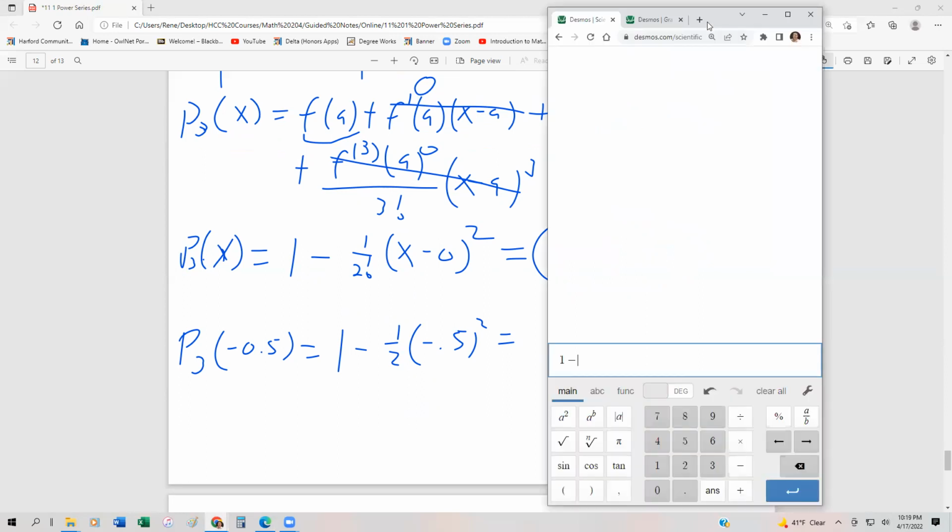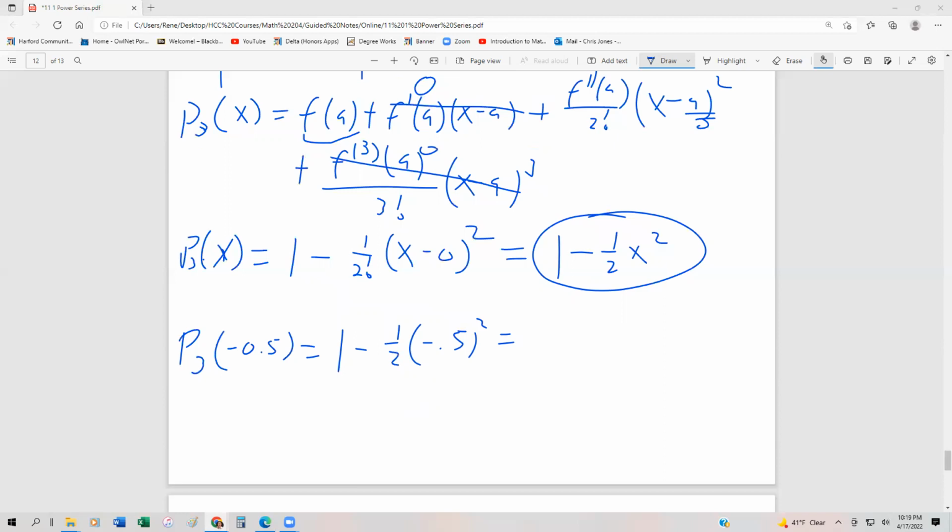So we have 1 minus 1/2 of 0.5 squared. It's technically negative 0.5, so it's 0.875. So this is going to be 0.875.